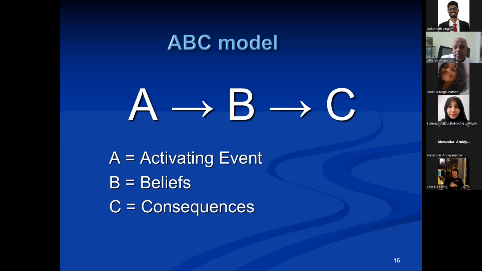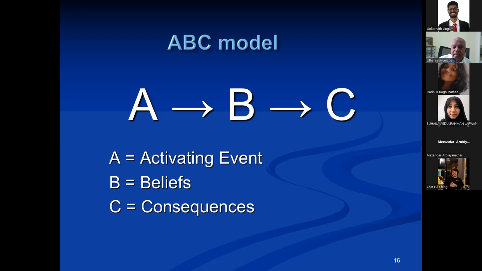Now, the B is the belief. Beliefs, we'll discuss in a little more detail in a moment. But the C is the consequence. So the model is activating event, belief, and consequence.